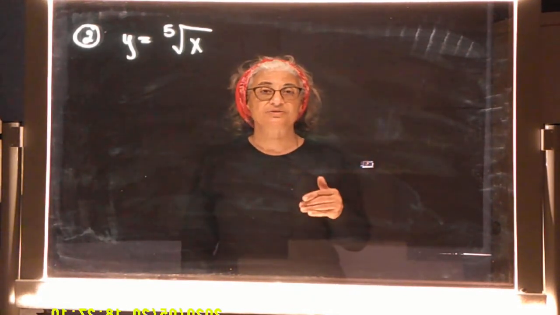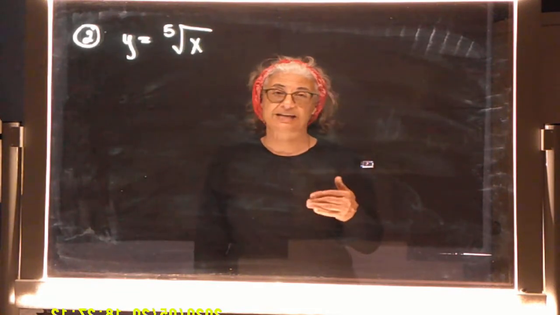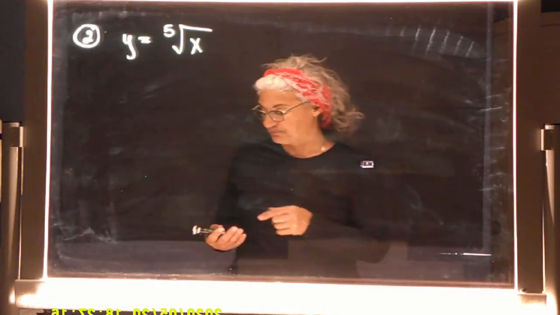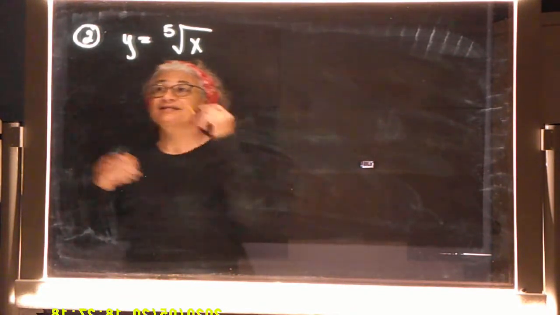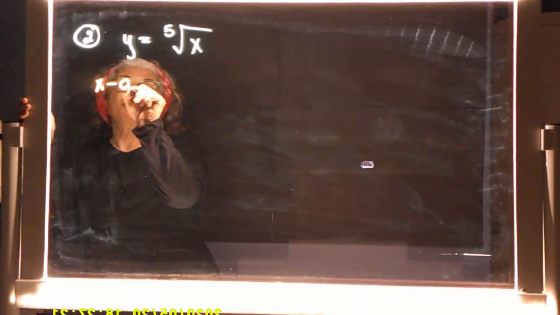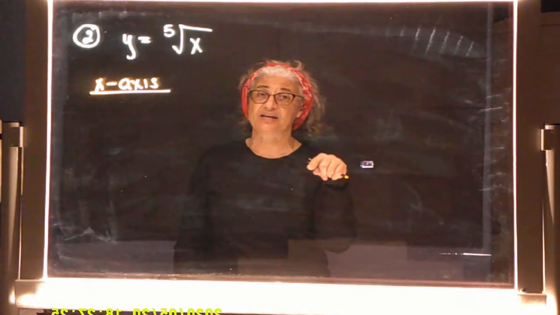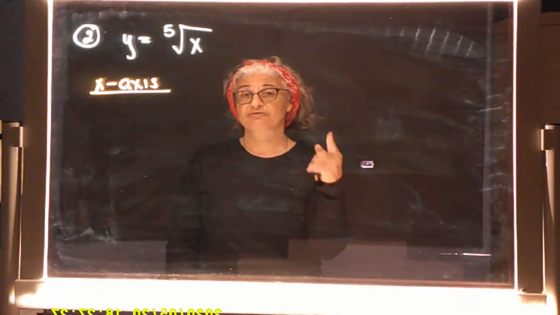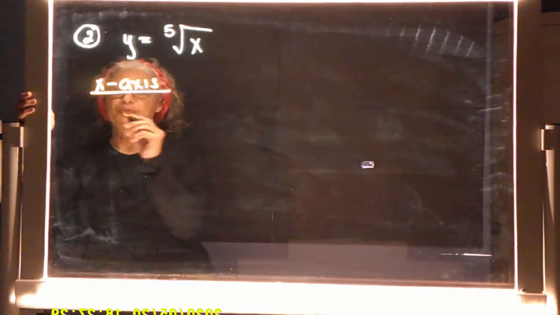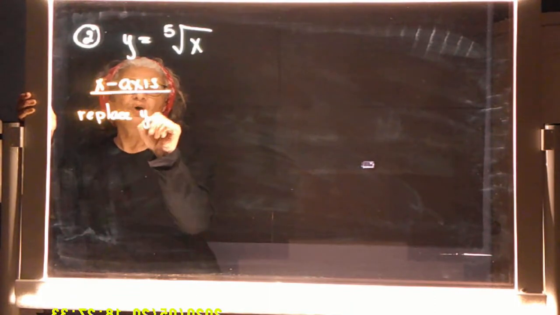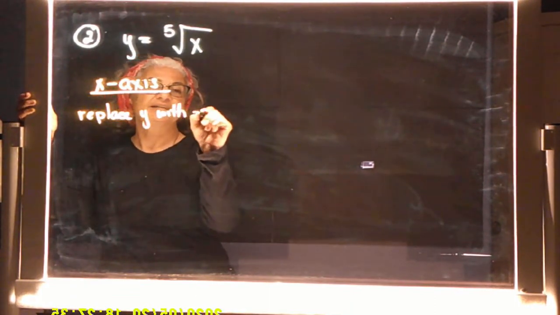Okay, so let's take a look at the second problem. The directions are still the same. They would like to know if there is any symmetry for this particular equation. So, let's test x-axis symmetry first. Remember, x-axis symmetry says the x's are staying the same. It was the y's that were changing, right? Okay, so we are going to replace y with negative y.